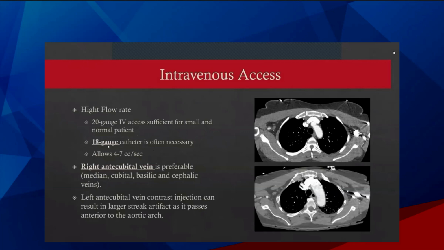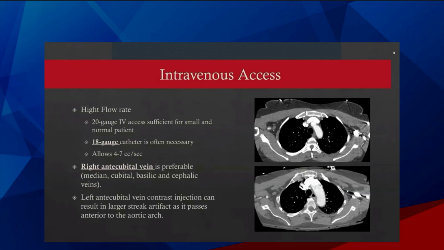The 18 gauge can allow up to 7 cc's per second. Generally, we wouldn't go 6 or 7 cc's per second unless we really have to, but most of the time, 4 to 5 cc's a second is sufficient for the coronary CTs that we do. We want to try to use the right antecubital vein whenever we can.